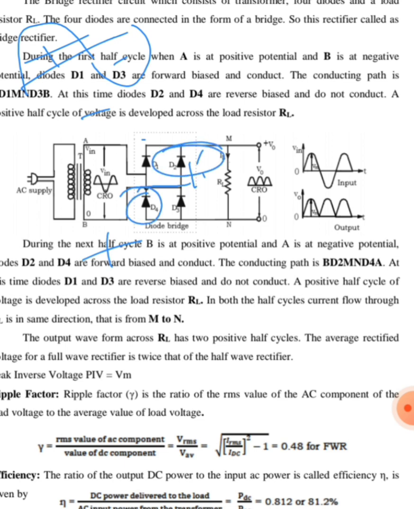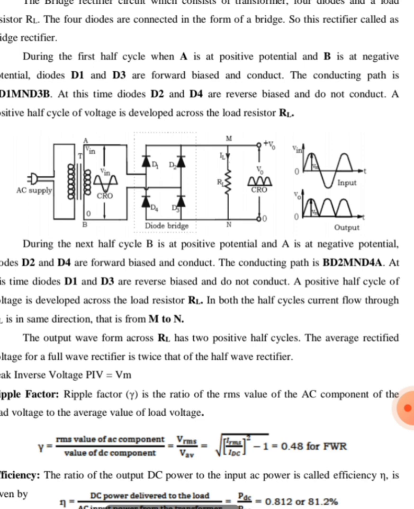When D2 and D4 are forward biased, the current flows from B to D2, from D2 to M, through RL to N, from N through D4 and back to A. Why is it not taking the D3 path? Because D3 is reverse biased. The diodes which are reverse biased act like an open switch, and the diodes which are forward biased act like a closed switch.